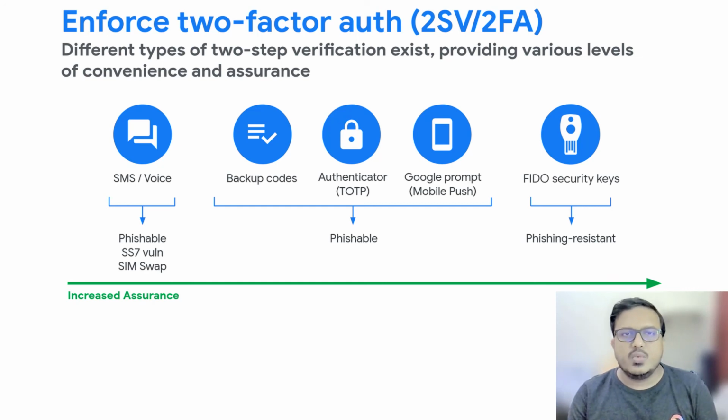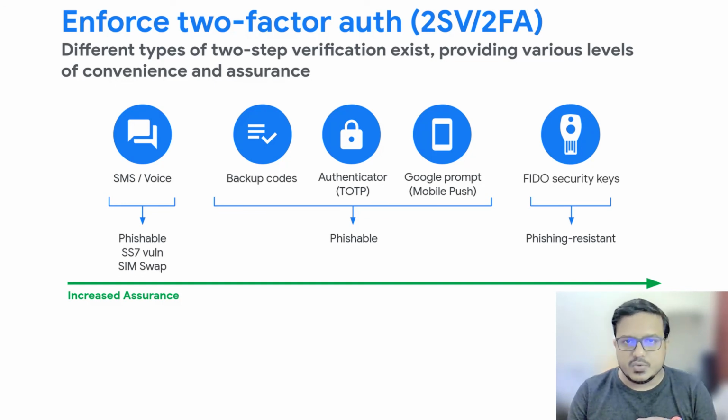One is with the voice call or SMS that comes into your mobile phone, and then you get a code and you provide that code. The second option is you can download the Google Authenticator app. So you check in that Authenticator app and there is a code that comes in and gets refreshed every few minutes. So you can use that code to authenticate yourself.